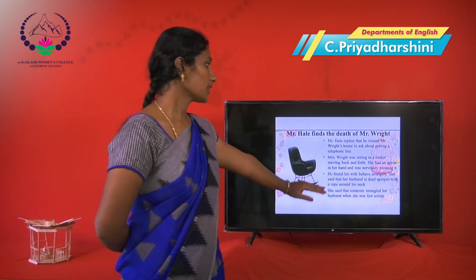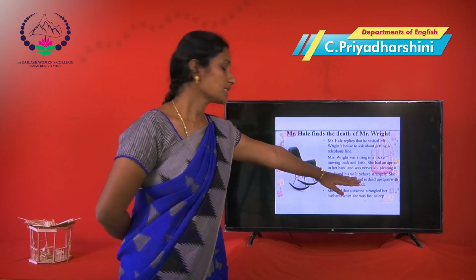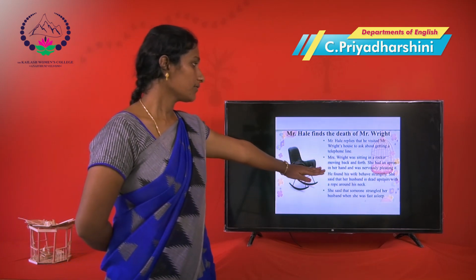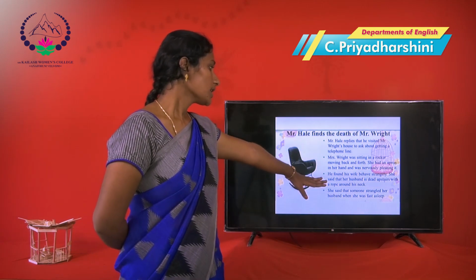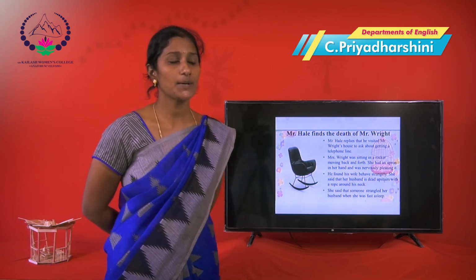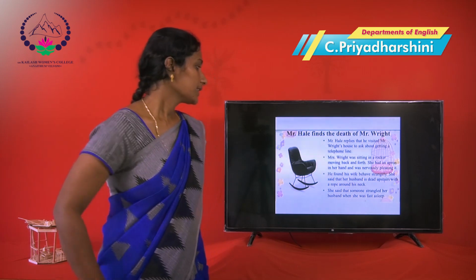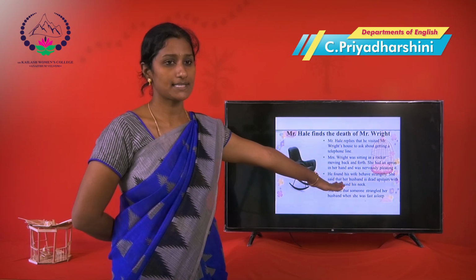Mrs. Wright was sitting in a rocker, moving back and forth, with an apron in her hand, nervously pleating it. Next, he found his wife behaved strangely. She said that her husband went upstairs with a rope around his neck. Then she said that someone strangled her husband while she was asleep.